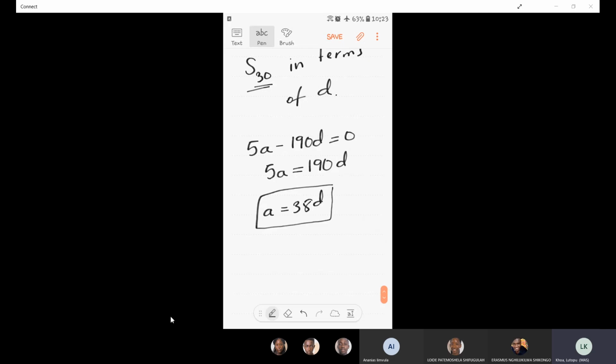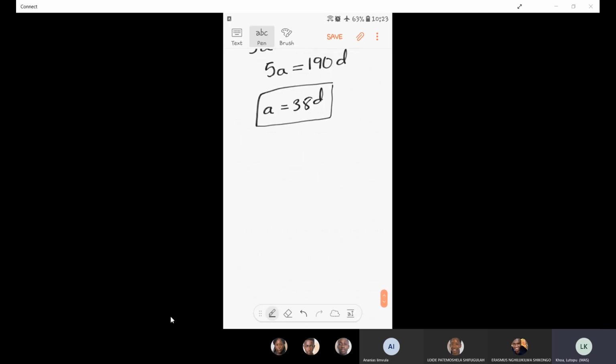Okay, so now I have a formula for A. To find the first 30 terms, all I do is S30. This is equal to 30 divided by 2, times 2 times A, but my A is this one over here in terms of D. This is 38D.